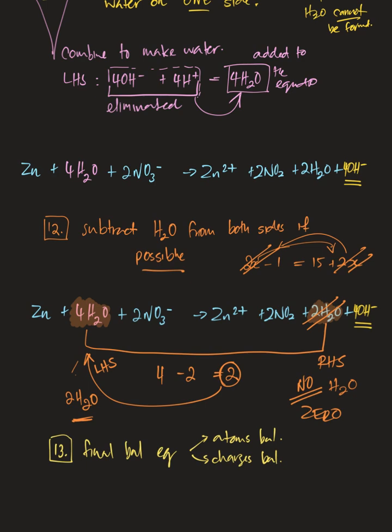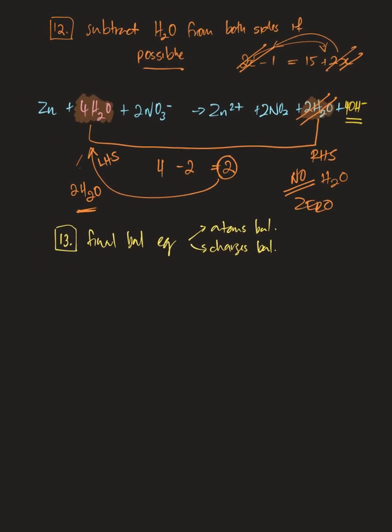So let's write that out. Now I got rid of the water. I'm now left with Zn plus 2H2O, can we see that from the previous step? Plus 2NO3 minus gives me Zn2 plus, plus 2NO2, plus 4OH minus.